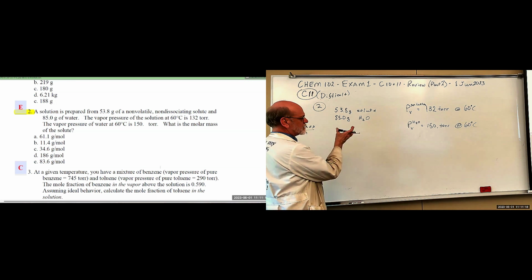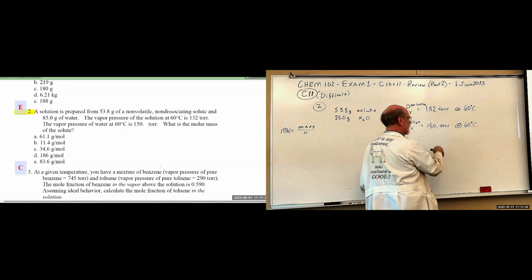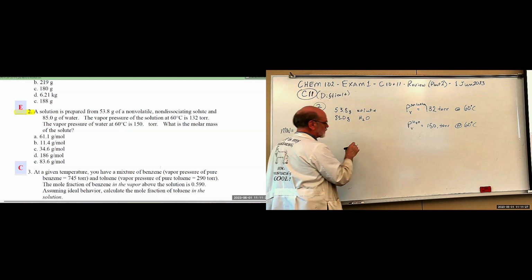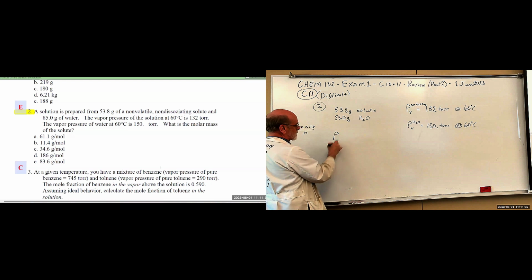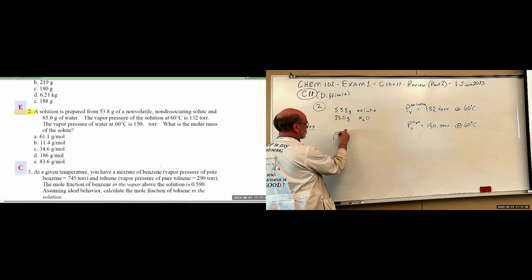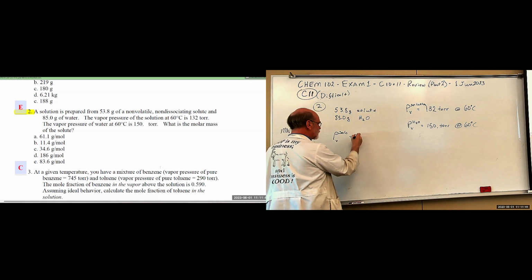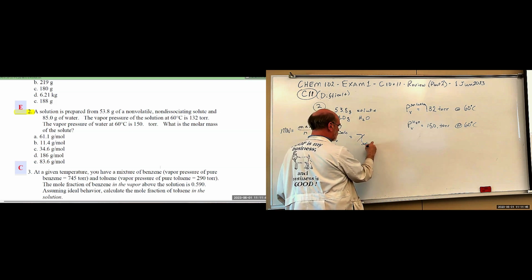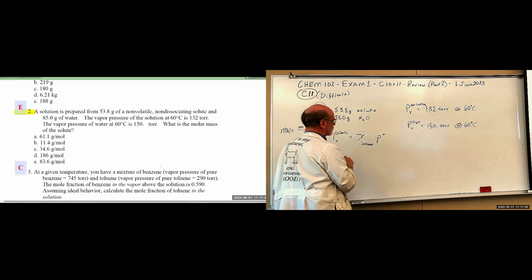So how do we get the number of moles out of this? We're talking about vapor pressure, not boiling point, so we can't say anything about the boiling point. I think what we're into now is Raoult's law. So the actual vapor pressure of the solution is equal to the mole fraction of the solvent times the pure vapor pressure.